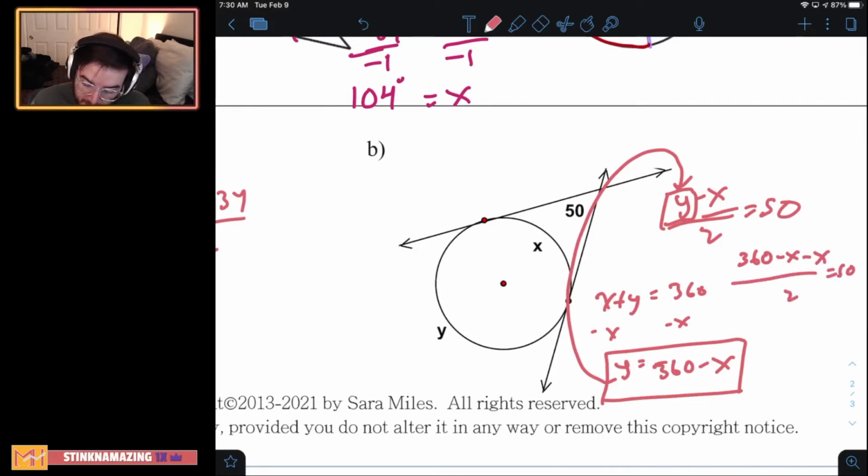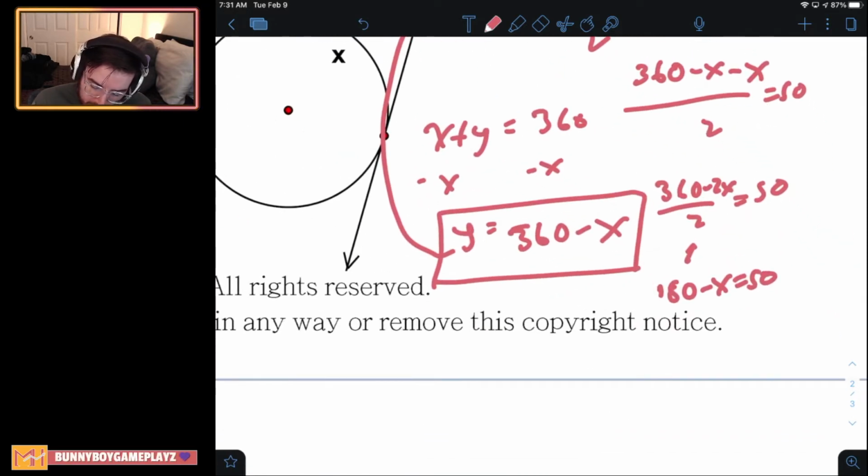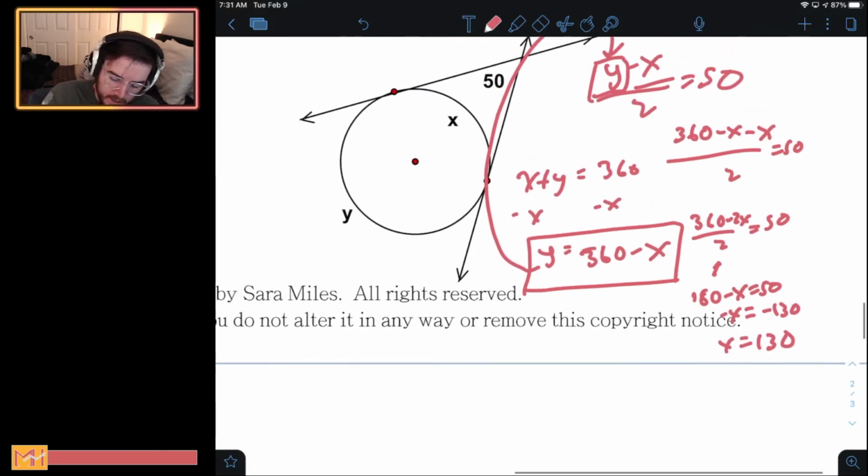If you solve the math on this, 360 minus 2x divided by 2 equals 50. If you divide by 2, you get 180 minus x equals 50. I'm running out of room. I'm sorry. This is a slightly longer question. 50 minus 180 is negative 130. So x equals 130. You see how I did that?